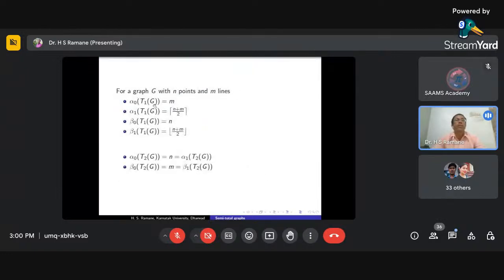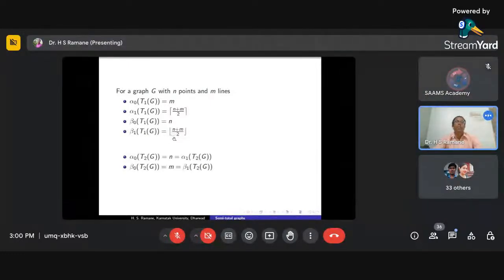They observed that for a graph G with n points and m lines, the point covering number of T1(G) is m, and the line covering number of T1(G) is the ceiling of (n plus m) by 2. Then the point independence number is n, and the line independence number is the floor of (n plus m) by 2.